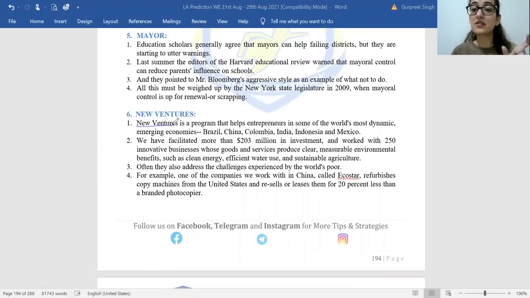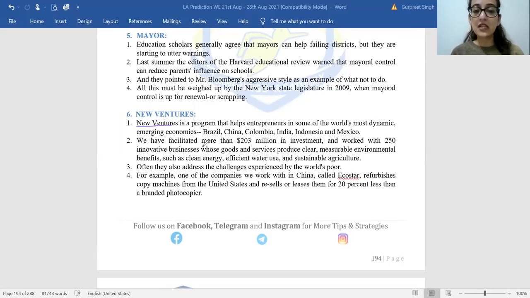That means it's a term, or a kind of concept, definitely a term to take as a proper noun. So it's a program. It can be a name of a program or a type of a program. The definition of what New Ventures is, is given to us: that it helps entrepreneurs in some of the world's most dynamic emerging economies, and then we have the names of economies.